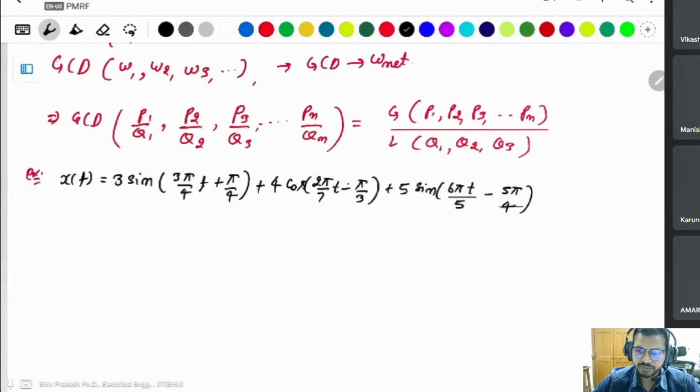Same example I have taken. Then find omega 1, omega 2, omega 3 for all. This is omega 1, omega 2, omega 3.